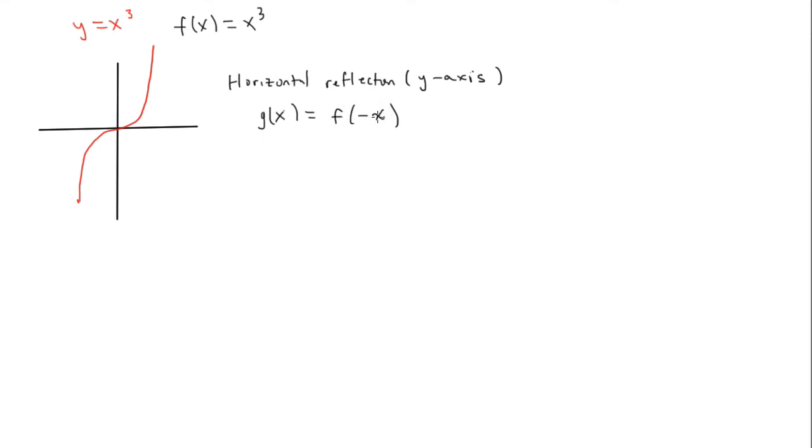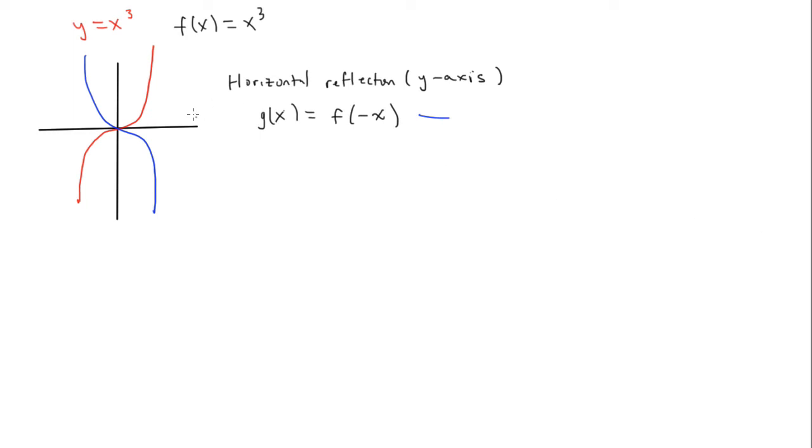So that's why I put negative x inside the function, and then f gets applied to it. So the graph of this case would be reflecting this guy over here, and this guy would move over there. So we get the blue version like that.